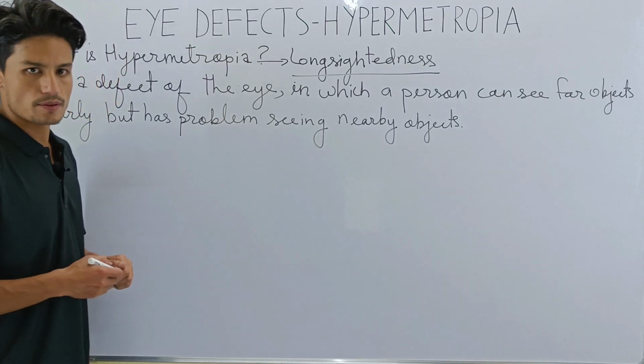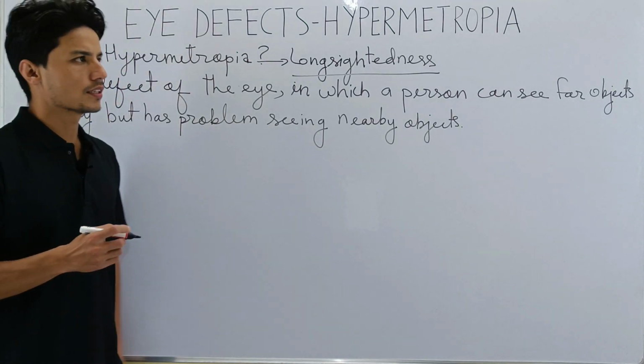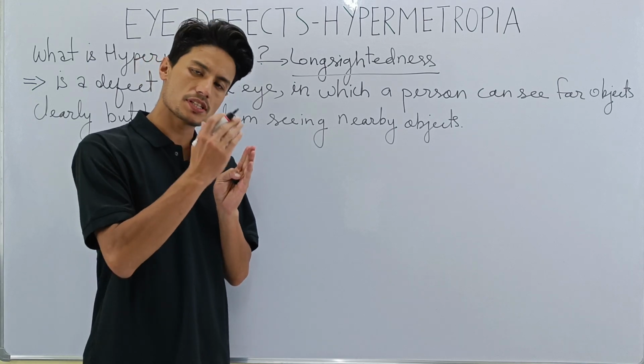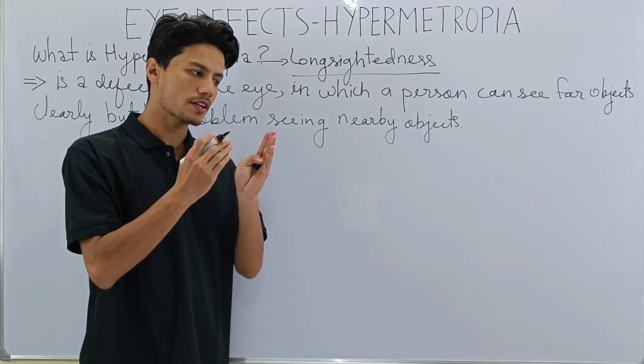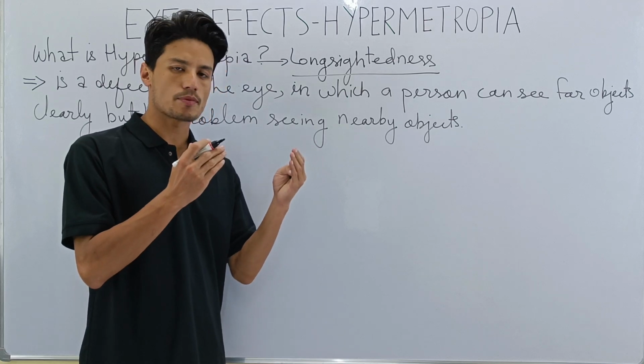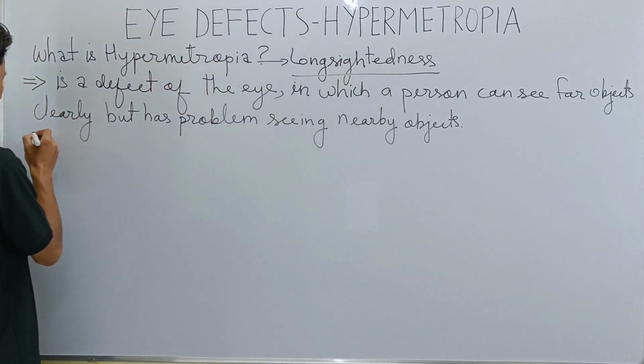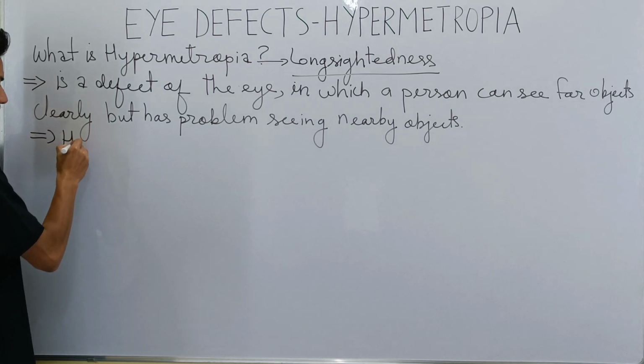Some important things that we need to know here: in myopia the image was formed before reaching the retina. Here in hypermetropia it will be the opposite of that. So here in hypermetropia the image is formed beyond the retina.